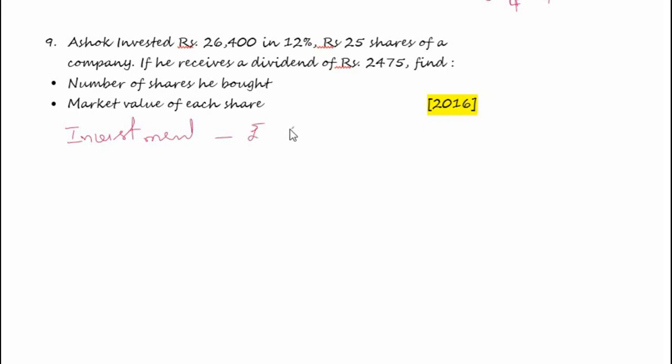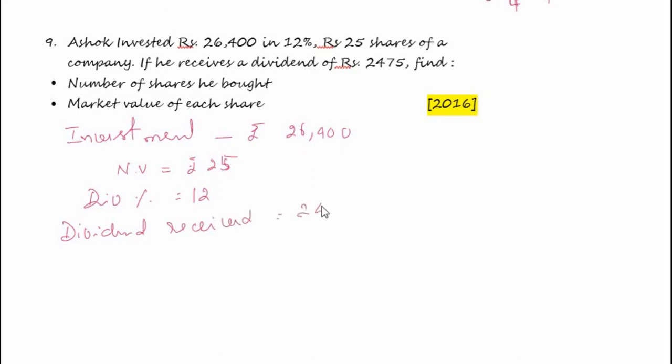Investment is rupees 26,400, and he buys the share with a nominal value of rupees 25, and the dividend percentage is 12, and total dividend received is equal to 2,475.